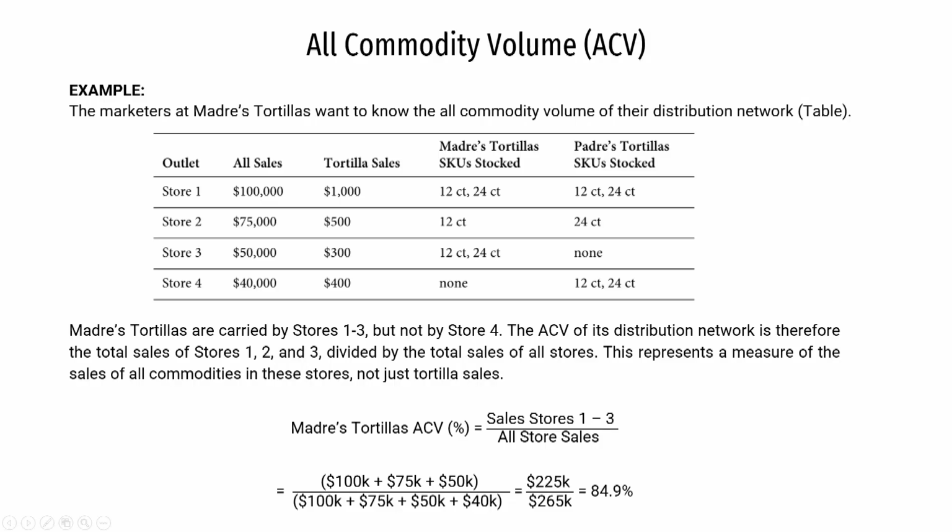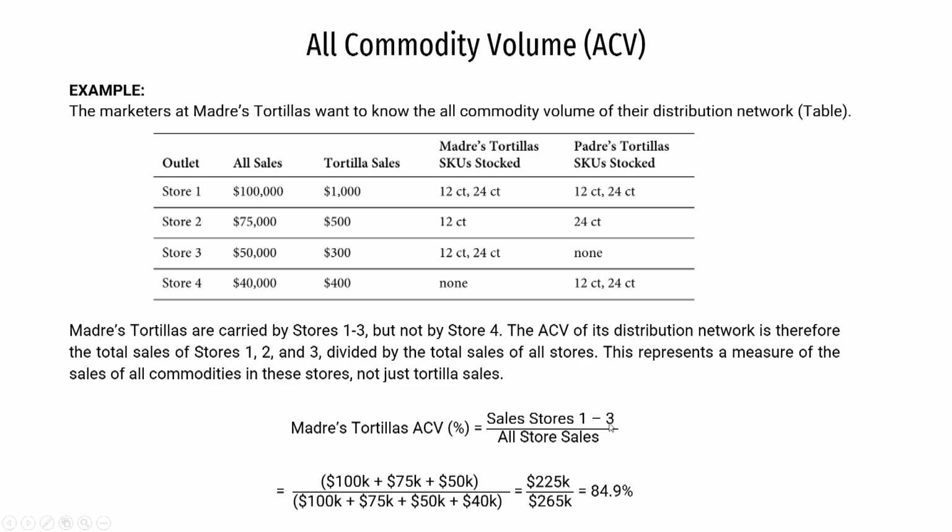This represents a measure of the sales of all commodities in these stores, not just the tortilla sales. So, whenever we are calculating the ACV, we will not look into the tortilla sales, we will look into the overall sales. So, Madras Tortillas ACV will be sales of stores 1 to 3 divided by all store sales.